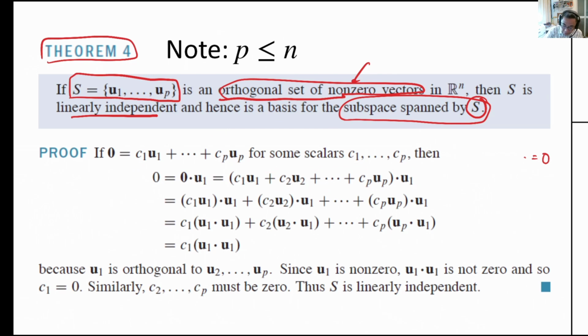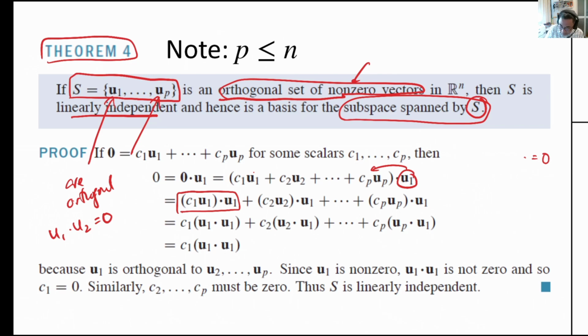Remember that u1 to up are orthogonal, meaning u1 dot u2 is equal to 0, and so on. We open up the expression, we bring u1 into this, and we open it up. Therefore, now we have c1 u1 dot u1, c2 u2 dot u1, and of course the last term cp up dot u1.